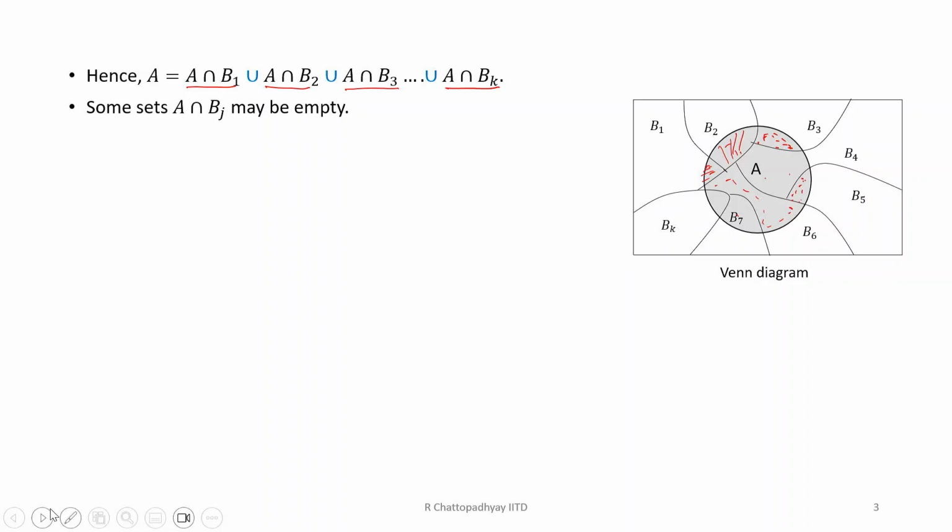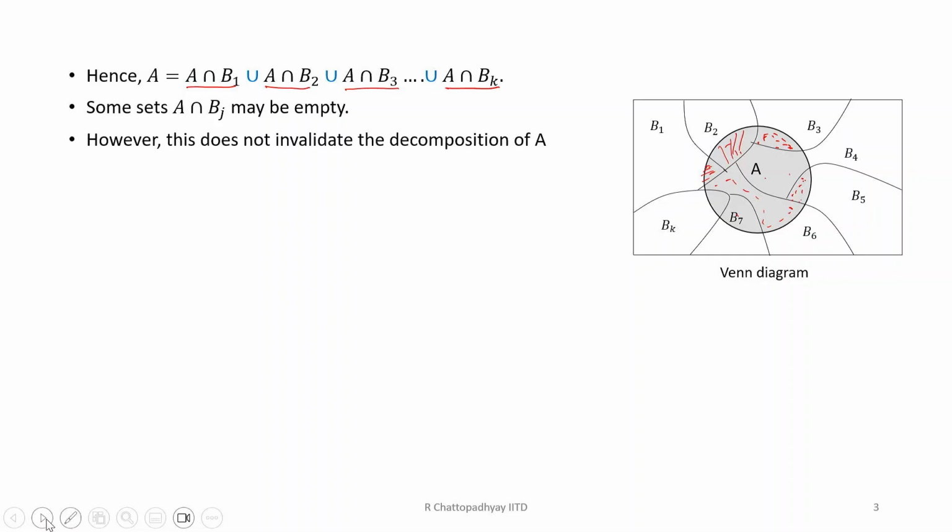Some sets of A intersection Bj may also remain empty. That is also possible. All B's are basically mutually exclusive events. They are not intersecting each other. And A, in the present case, I show you that A is actually intersecting all of them, but it is also possible that A may not be intersecting either B1 or B3 or B4. It is also okay.